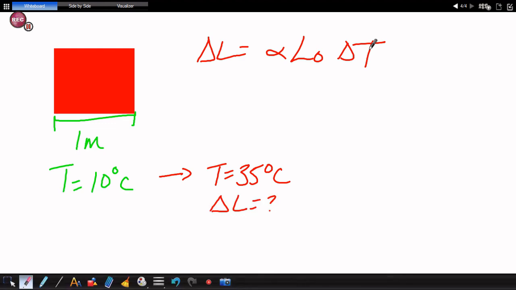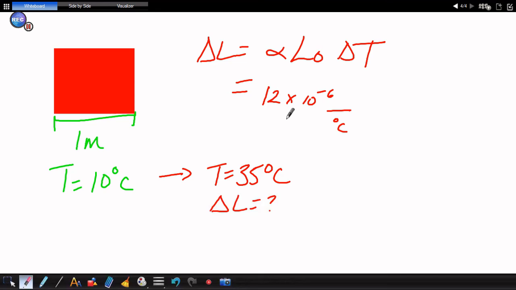So what we would do is figure out the stuff on the right side of this equation. Alpha here is a constant. We go look it up for concrete. It is 12 times 10 to the minus 6 per degree Celsius.